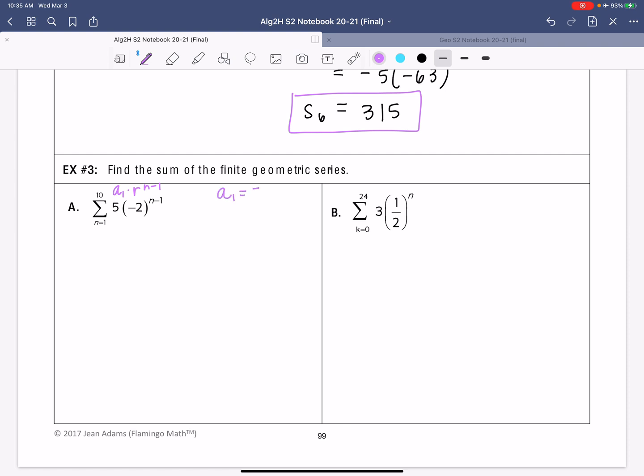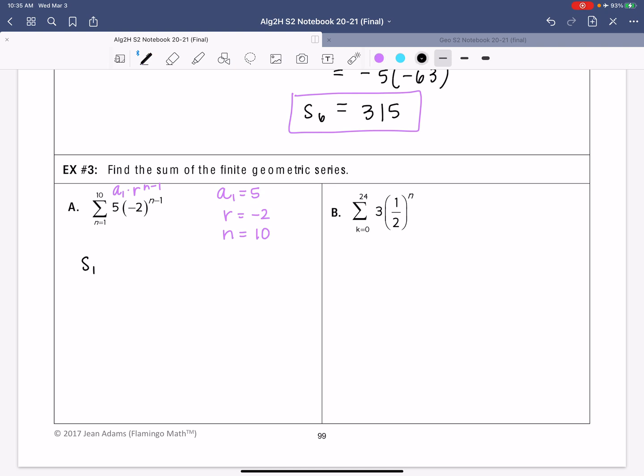A1 is 5. My R value is that negative 2. And my n, how many terms am I going from? So I'm going from 1 to 10. So from 1 to 10 is 10 terms. Okay, so we can figure this out still.